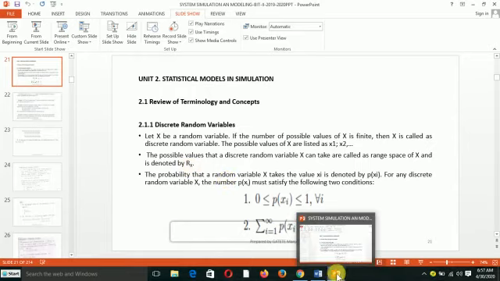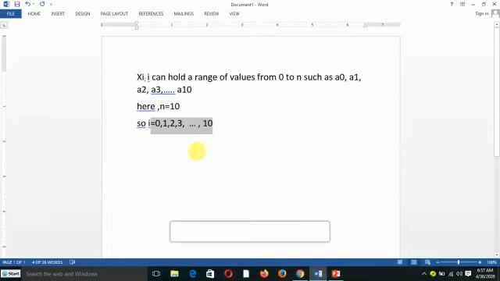So here what we are talking about is like numbering. So I can say, for example, here I can type x0 is equal to 5, and x1 is equal to 6, and x2 is equal to 7, and you go on till x9 is equal to 10, for example, like this.